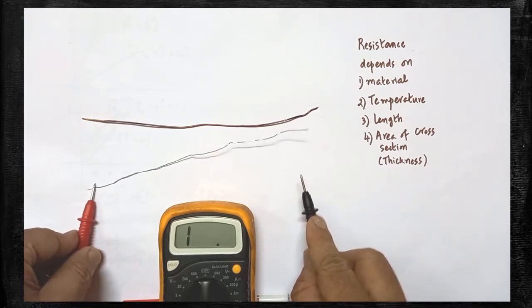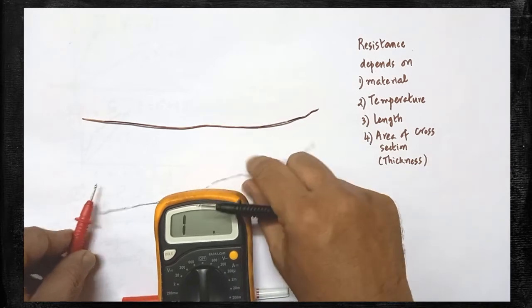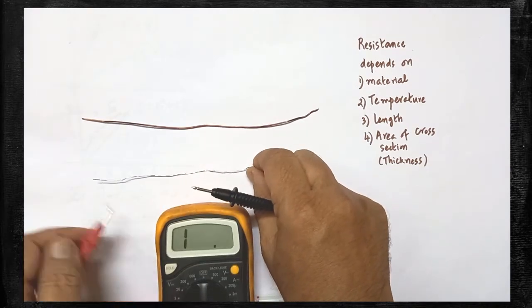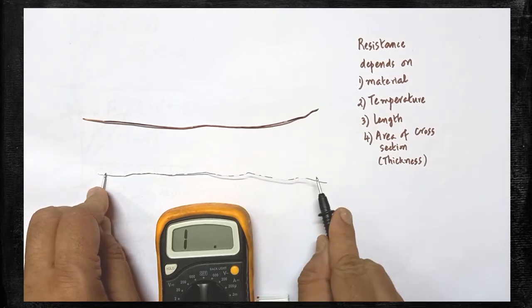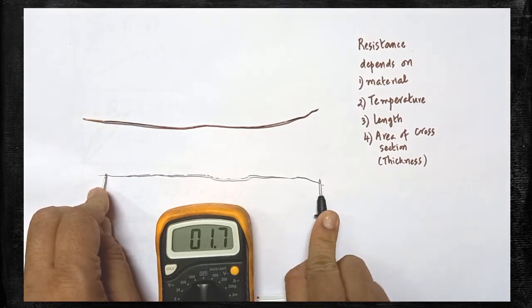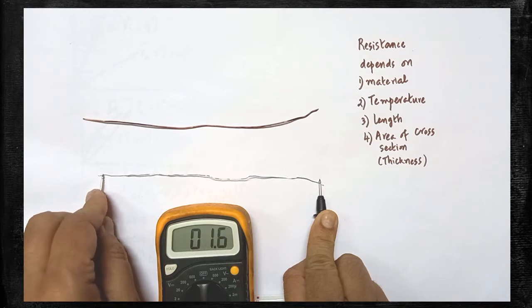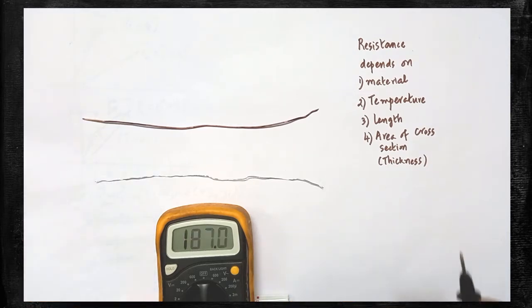Just keep the probes on the two ends of the wire, and you are able to measure the resistance very easily. Look at the value of resistance. The resistance is around 1.4 ohms. 1.3, 1.4 ohm is the resistance of the nichrome wire.